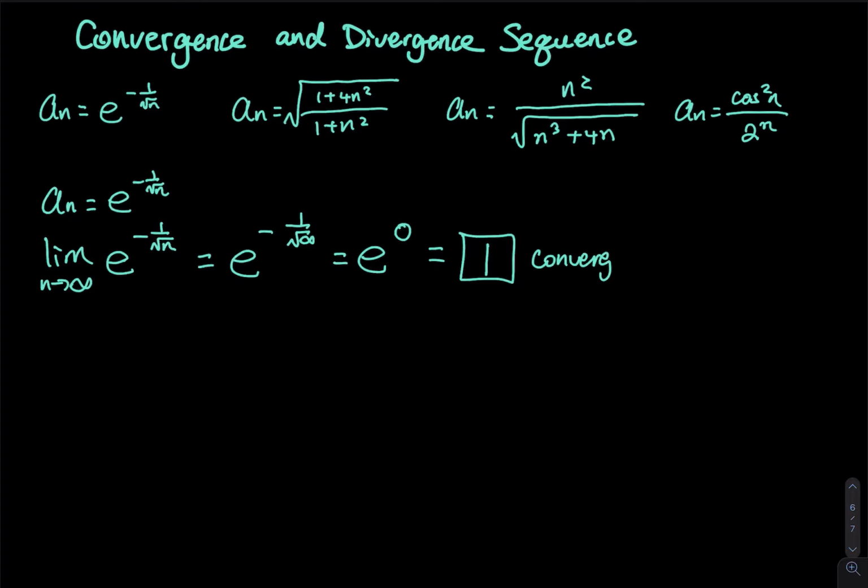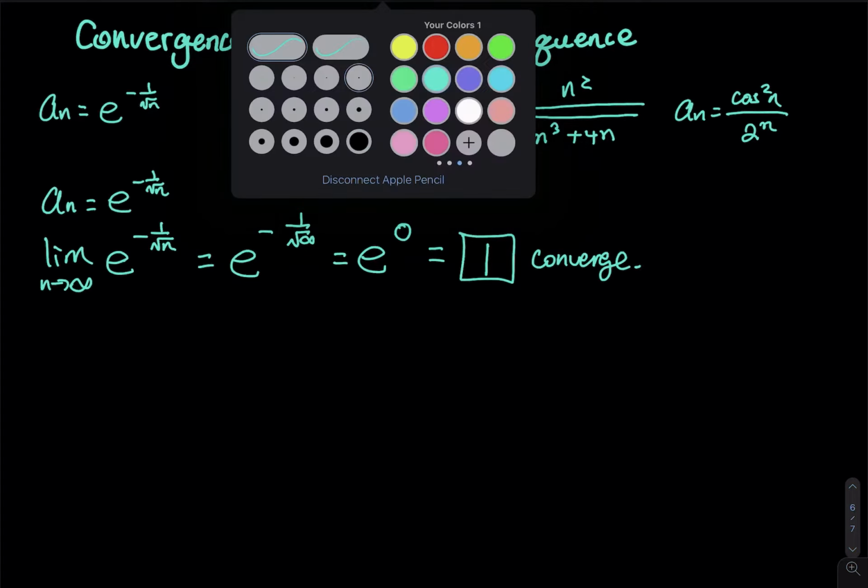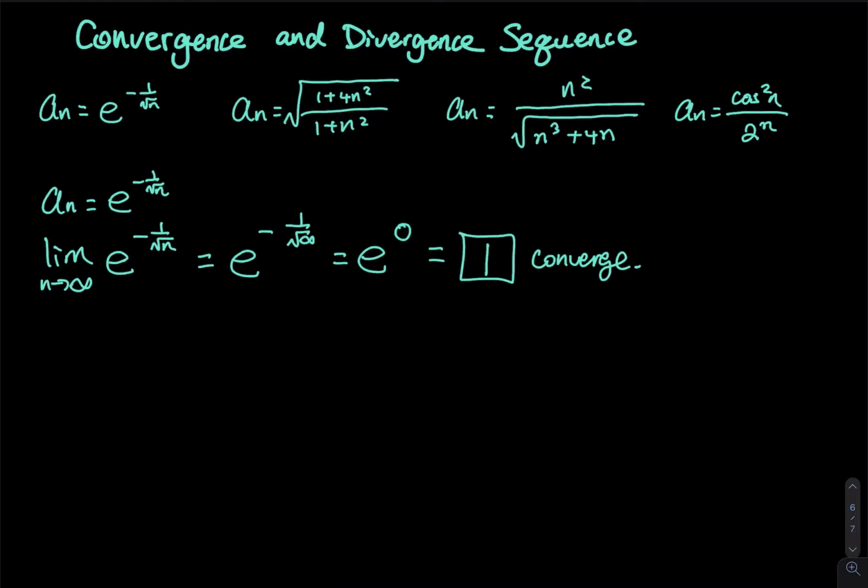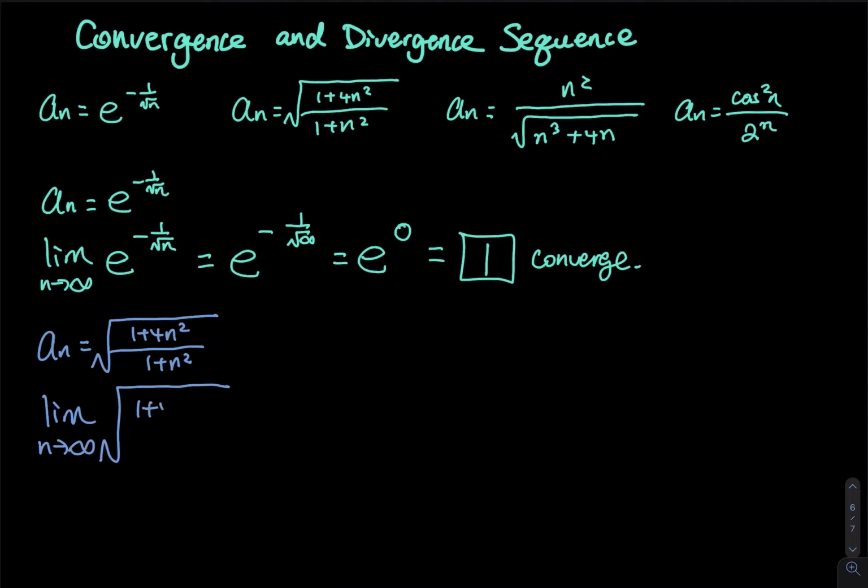All right, let's take a look at the next one. We have a_n equals the square root of (1 plus 4n squared) divided by (1 plus n squared). First we write the limit as n approaches infinity of a_n.